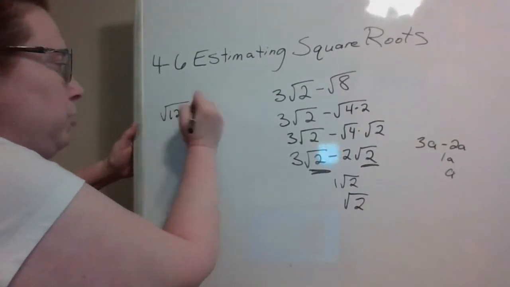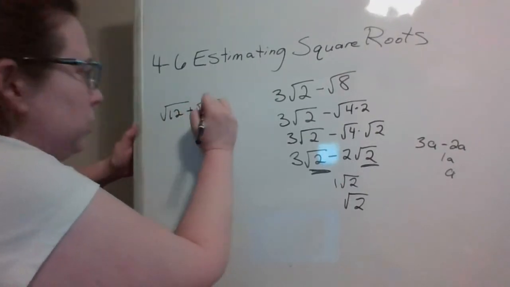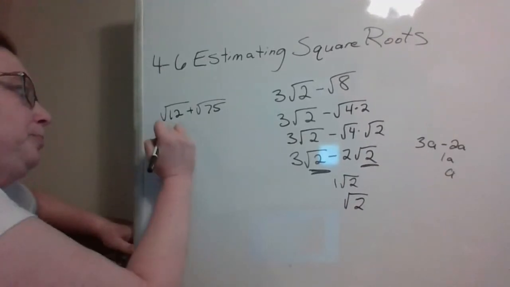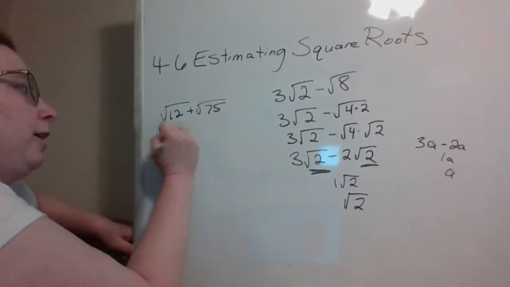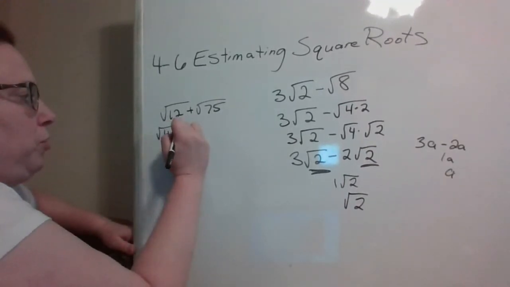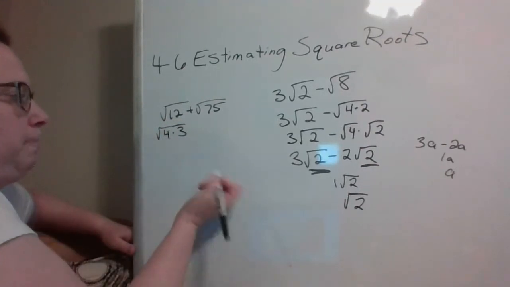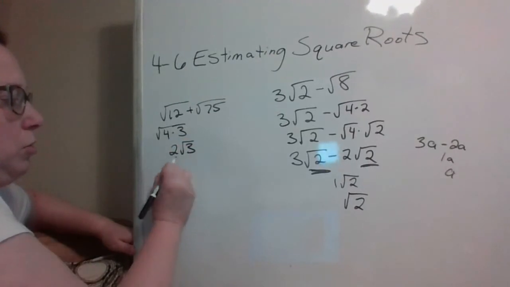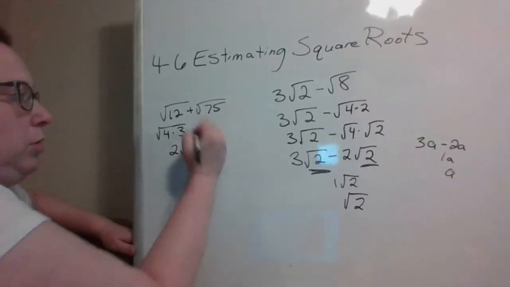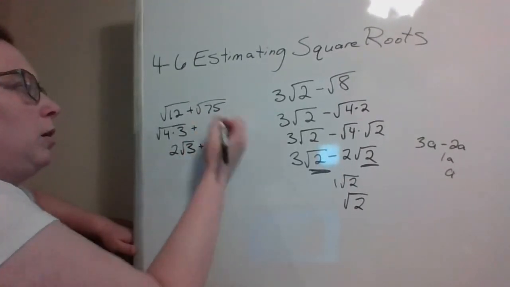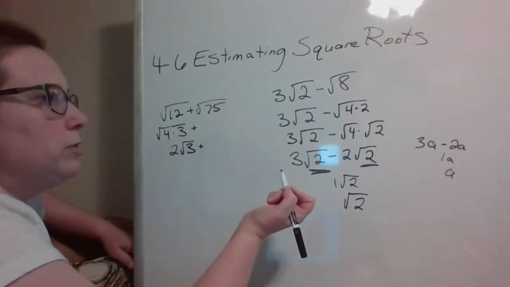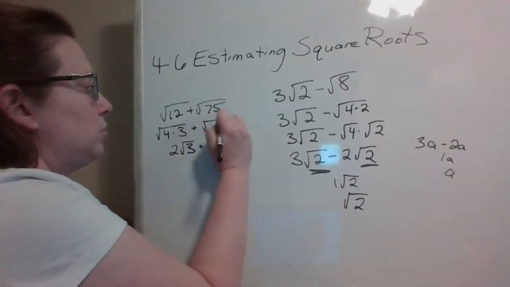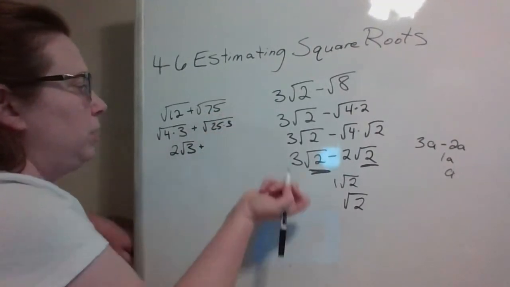Square root of 12 plus the square root of 75. So the square root of 12, we can break that up into the square root of 4 times 3. Square root of 4 is 2. So this would change to 2 square root 3. And then the square root of 75, I can break this into 25 times 3.